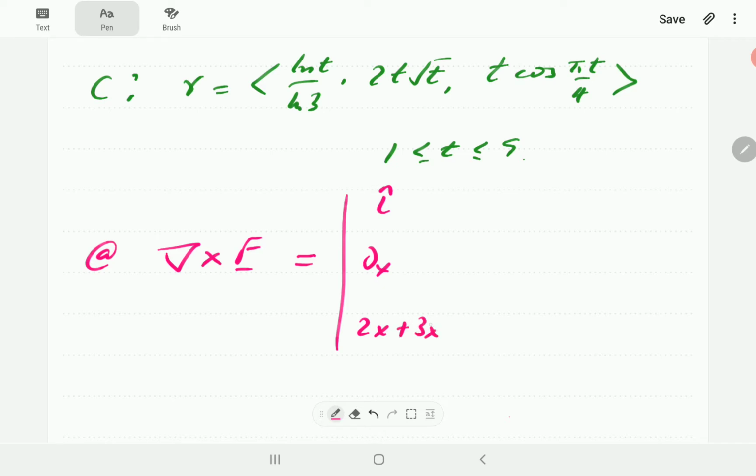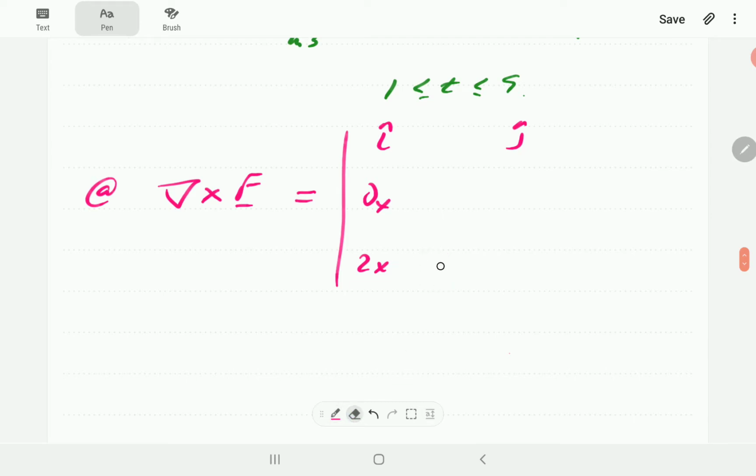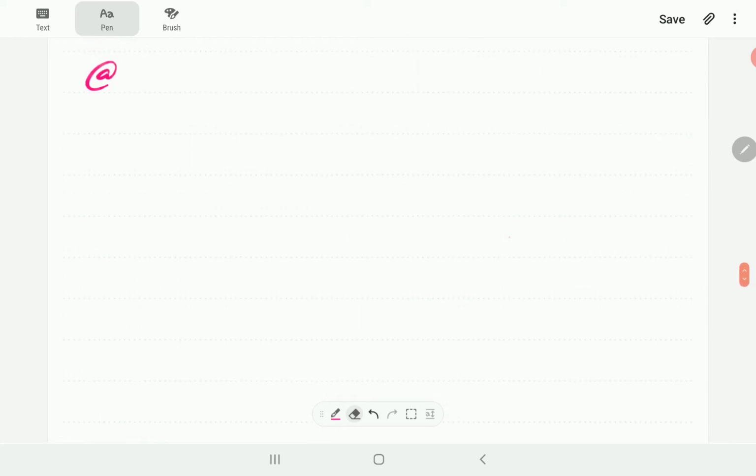So we have got 3x squared z here. Then for the j component, we're probably going to run out of space here, so let's move this a bit lower.